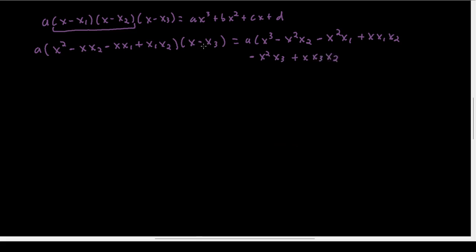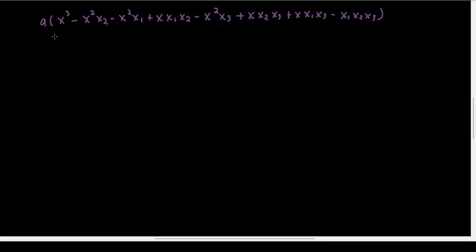And then negative x3 times negative x1 is going to be positive x1 x3. And then negative x3 times positive x1 x2 is going to be negative x1 x2 x3.